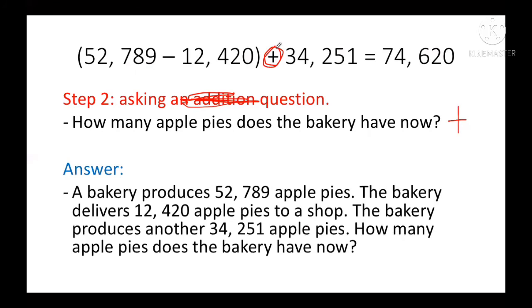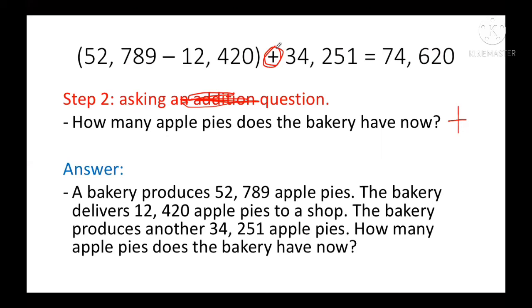Why I chose bakery is because my word is apple pie, and you can buy apple pie in a bakery. So you need to base the names of the places on the word you chose in step one.